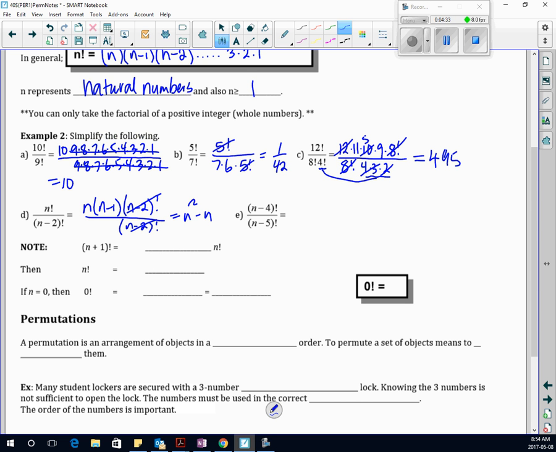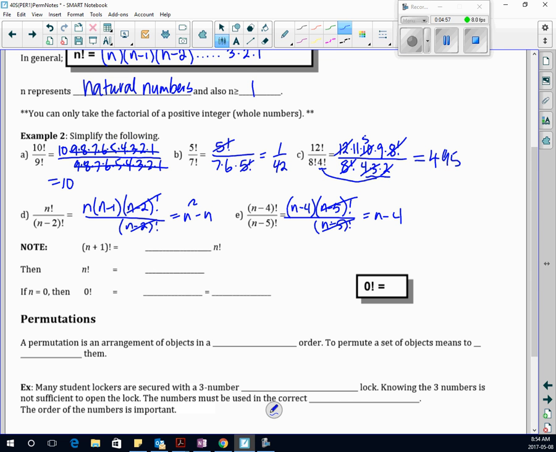Which one's the bigger one? N minus 4 factorial or n minus 5 factorial? Which one's the bigger one? N minus 4. So n minus 4 times n minus 5 factorial, and after that they cancel. Do you see that? So you're just left with n minus 4.